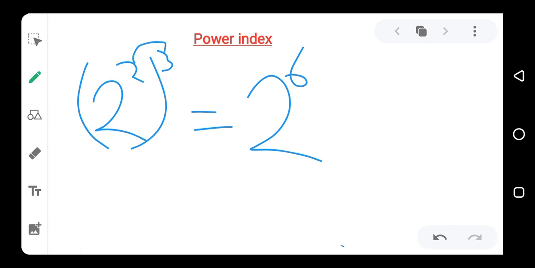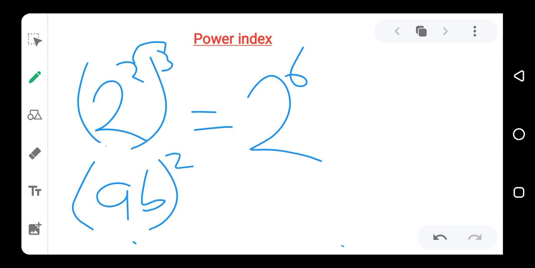Also, in this multiplication of powers, we have another form whereby we can have, let's say, A B, all raised to power 2.